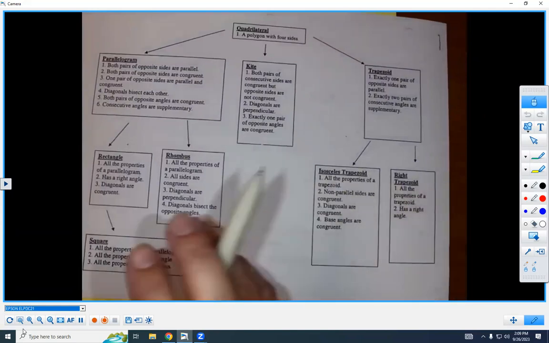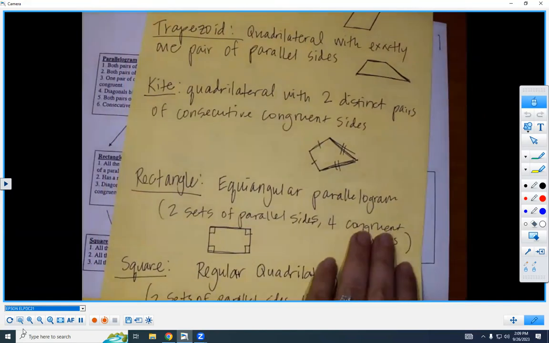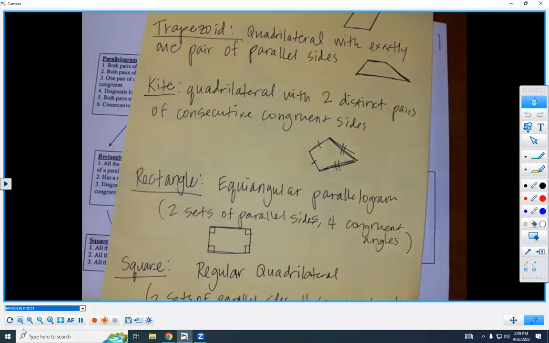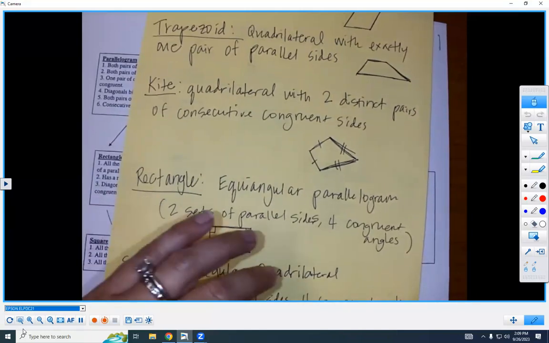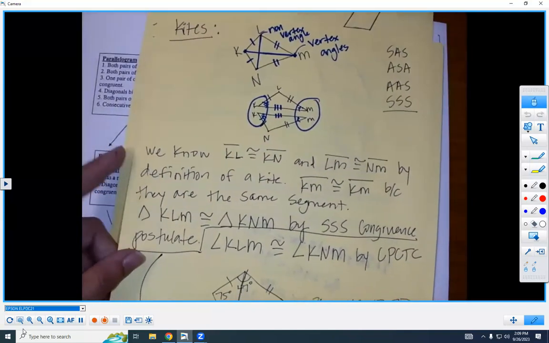Okay, so last time we started proving some things. I'm trying to figure out, we wrote down all our stuff, right? And is that the only paper I have? Then I have this paper where we started proving things. So we had a kite.